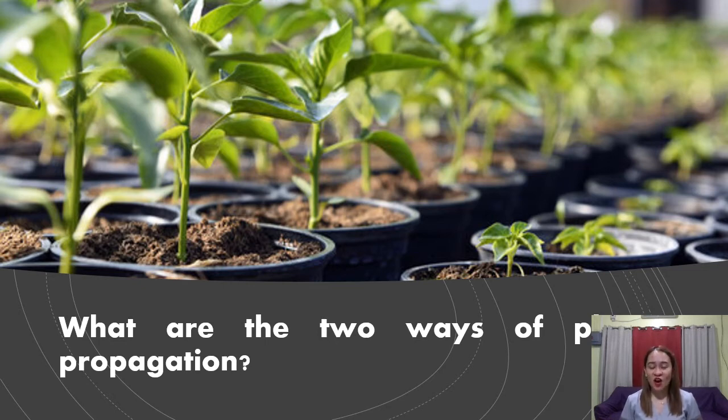These are sexual propagation, which involves the reproductive organs of the plant using the seeds, and asexual propagation, which is done through different ways or processes. First is cutting, then marcotting or air layering, then grafting, and budding.